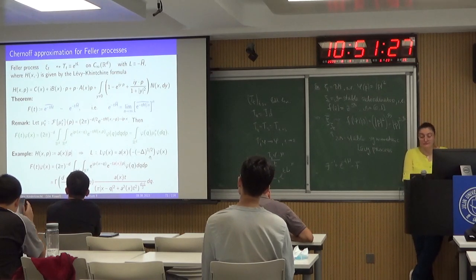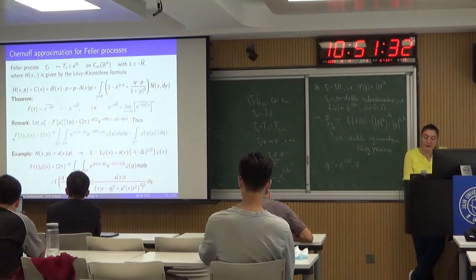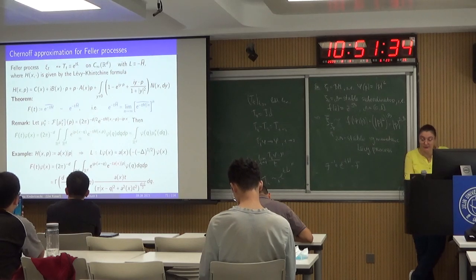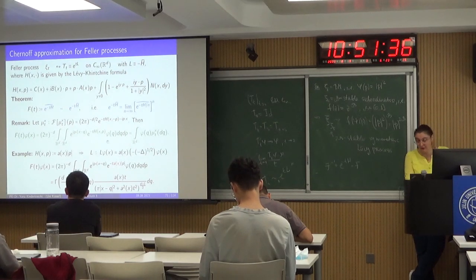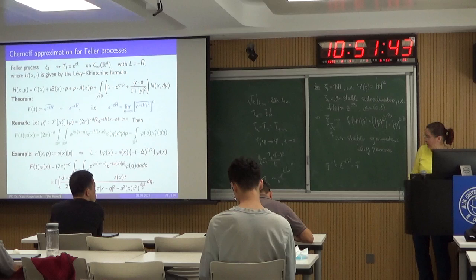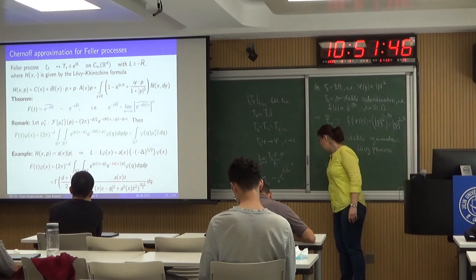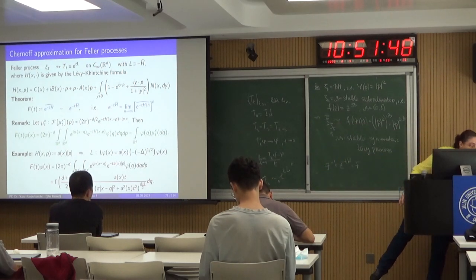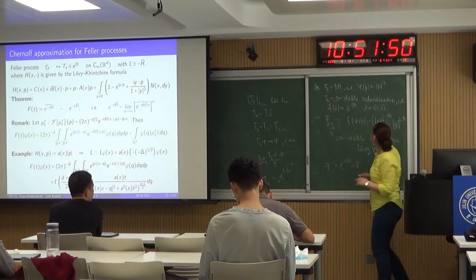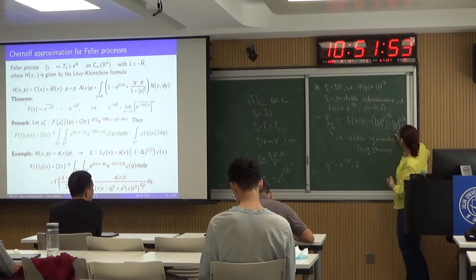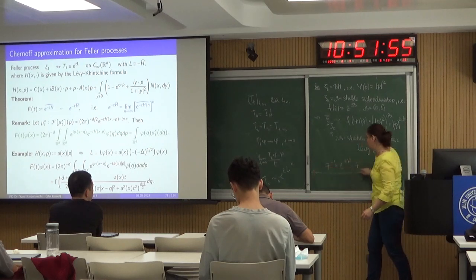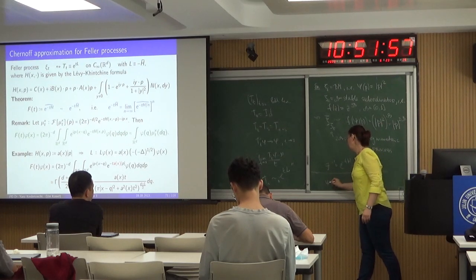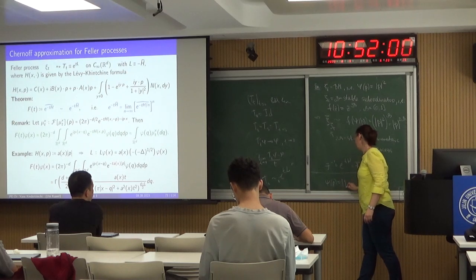Okay, so if we consider such h, then the corresponding f, I just write down this formula. So the definition of f looks like this. And so what do I see? I recall to you that we have discussed stable processes. These are processes with symbol of this type.